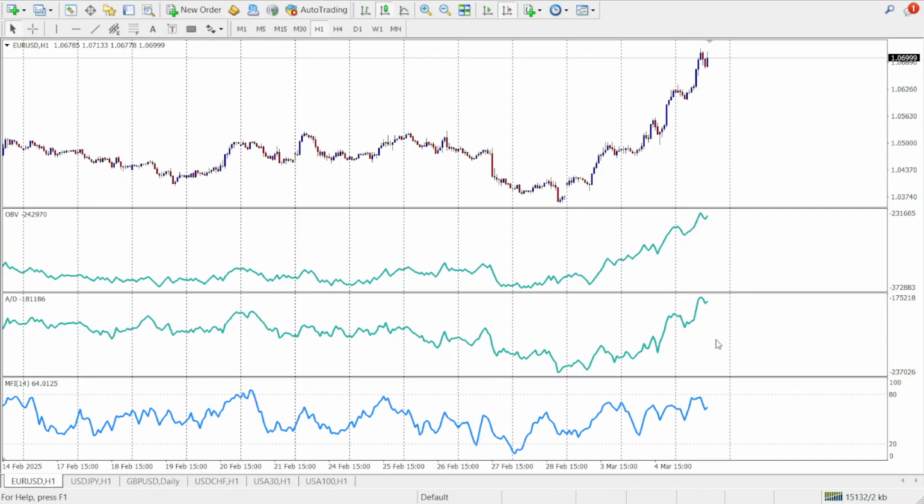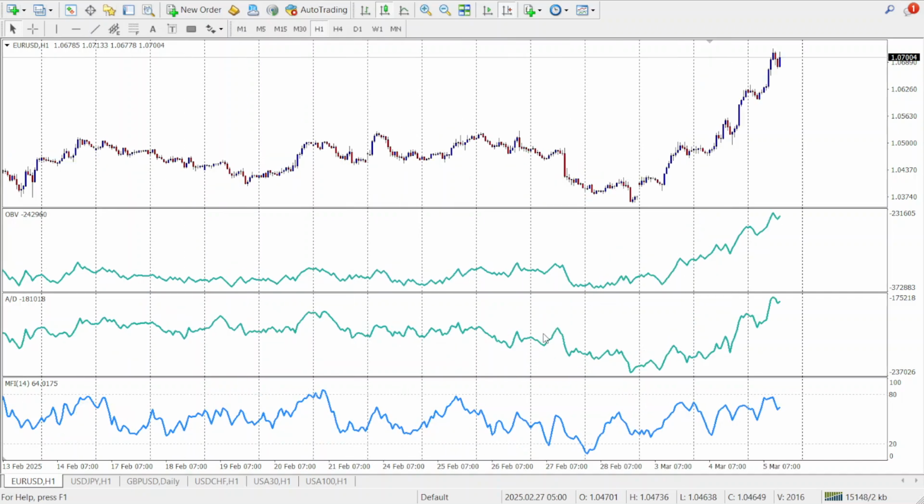Similar to OBV, if the price is making new highs but the AD line is failing to follow suit, it could signal weakening buying pressure. All right, so it's important to take note of those discrepancies.